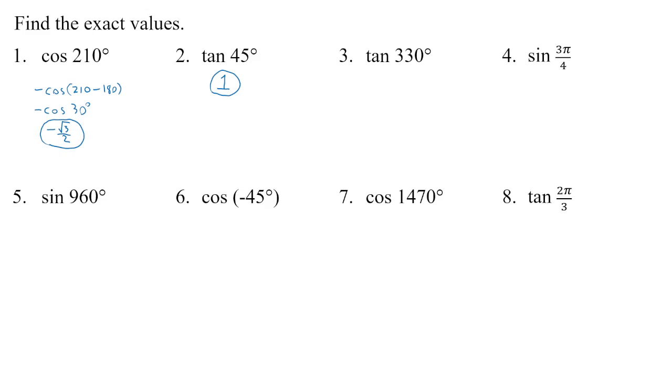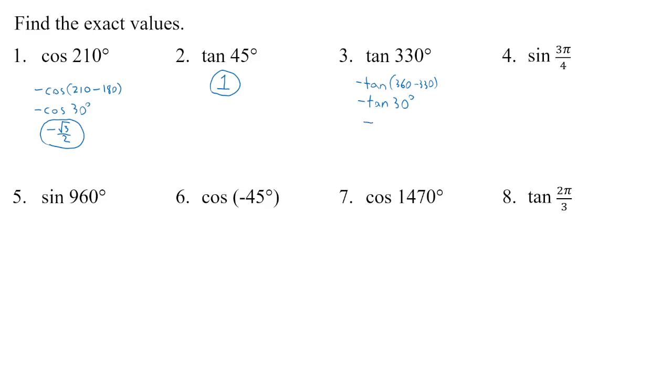Next, we have the tangent of 330. 330 degrees is in the fourth quadrant, meaning that tangent is negative. And for the reference angle, you will subtract 330 from 360. 360 minus 330 is 30.